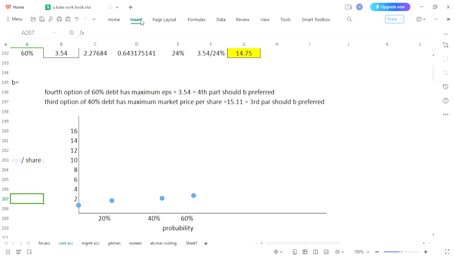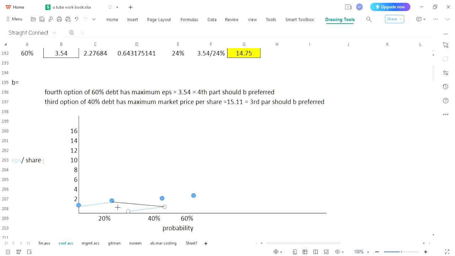For this we need a straight line taken. First line would be taken from this part to this part. Okay, and second line from here to our next point, and again we do have our fourth point from this point to this point.